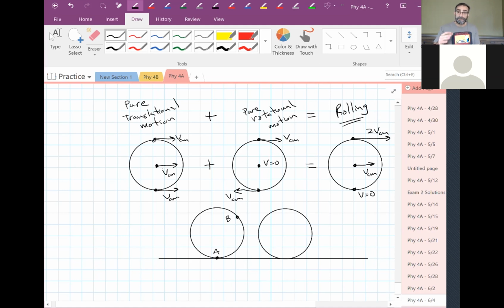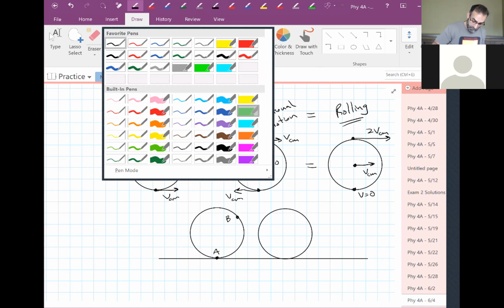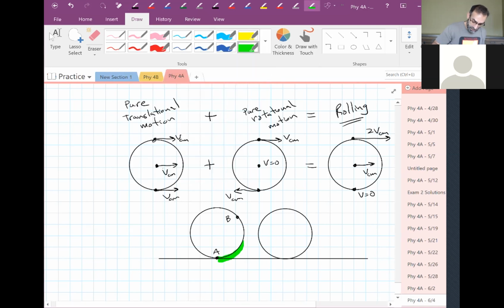And I'm going to get my paint out, and I'm going to paint the rim of my wheel between points A and B with green paint. And now I'm going to roll that wheel forward until point B is touching the ground. So over here, point B is touching the ground, and point A is up here somewhere.